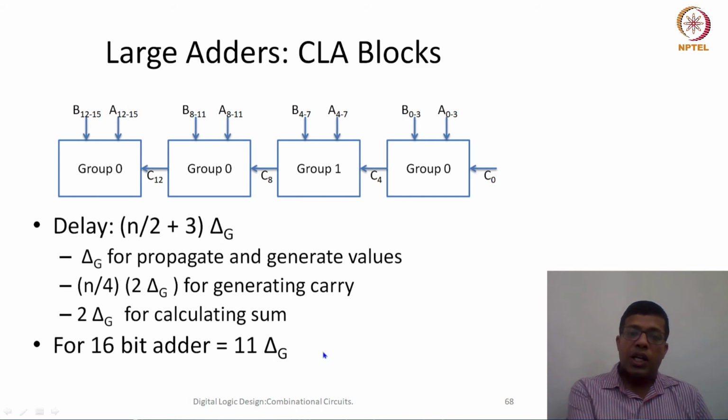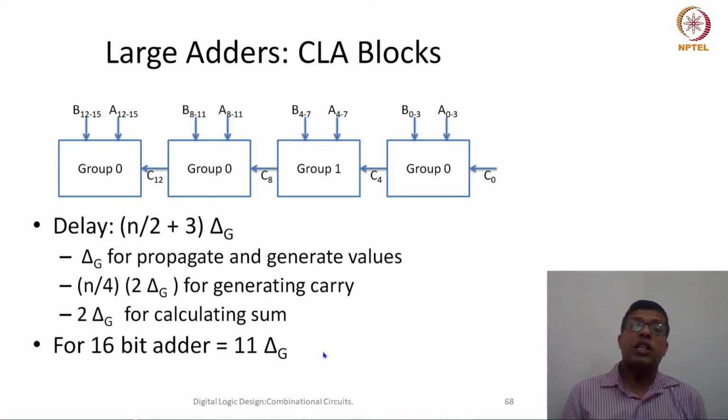While in the case of a ripple carry adder, a 16-bit adder would require 32 delta G delays. So the advantage of CLA is clearly evident if we increase the number of bits.